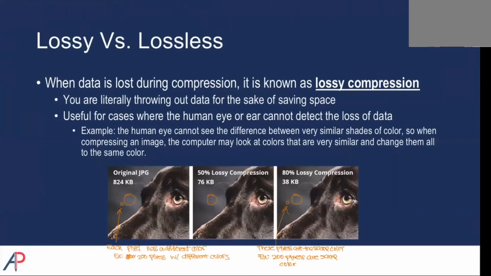But in a general fashion, it's pretty much negligible. You have literally lost 80% of your data here, but you can't tell. So this is an advantage of lossy compression. However, you can see that the resolution and the quality has reduced in some ways.